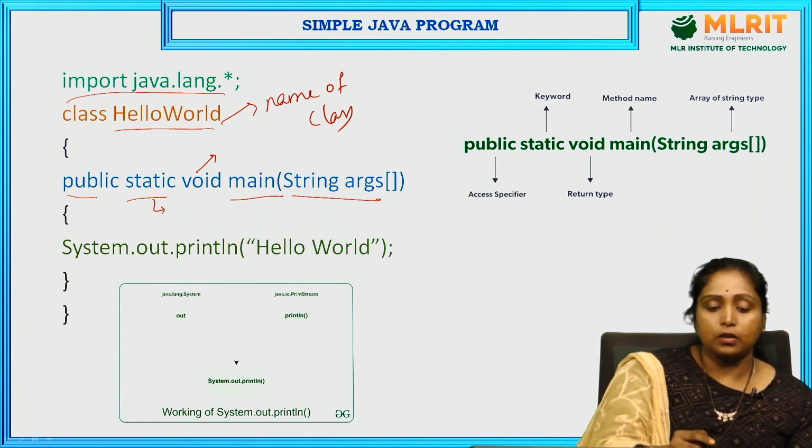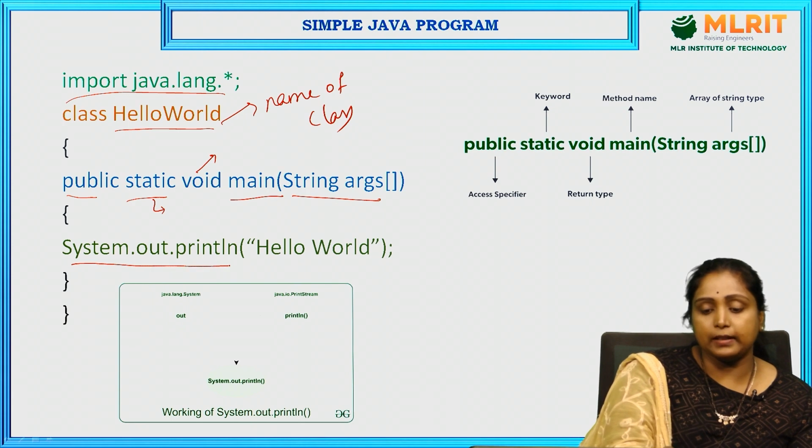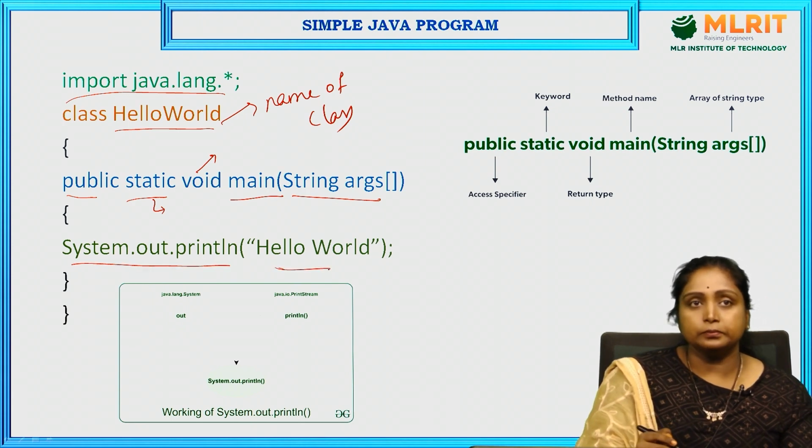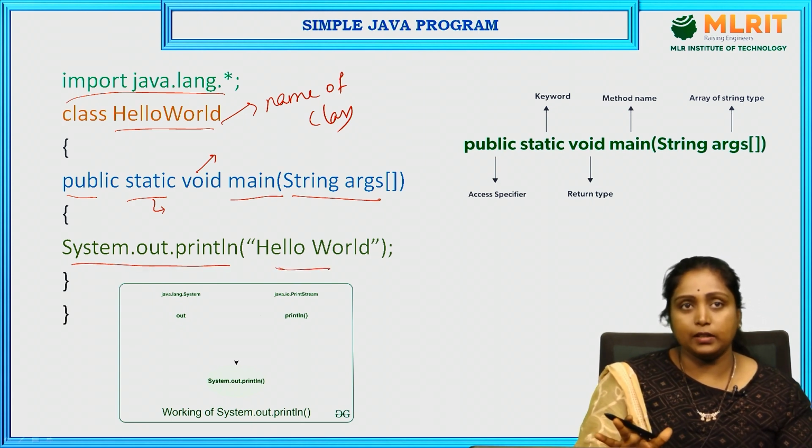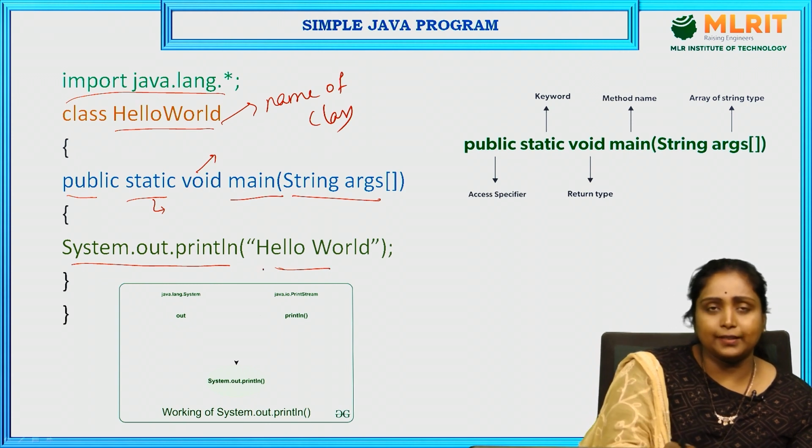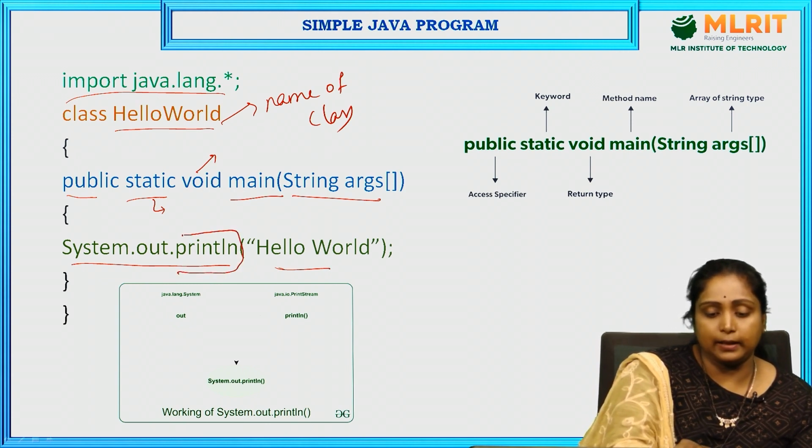Here, System.out.println("Hello World"): I just want to print Hello World simply. println is the method name.